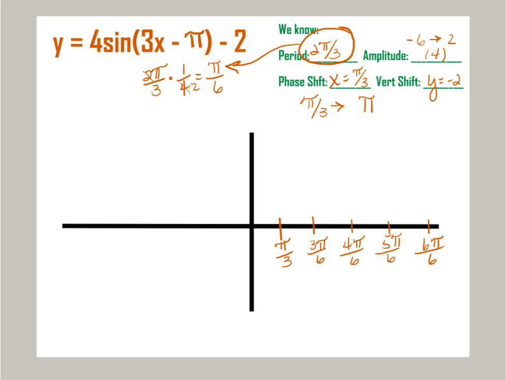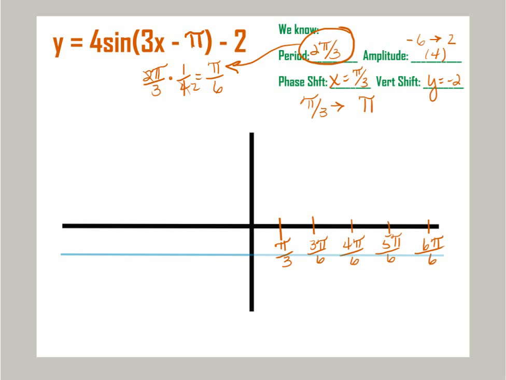We're also going to have to shift our midline. So let's choose a different color here, just so that we can see our midline a little bit more easily. I'm going to draw in a line. We'll call this -2. Okay, so we're going to just give ourselves a little midline.